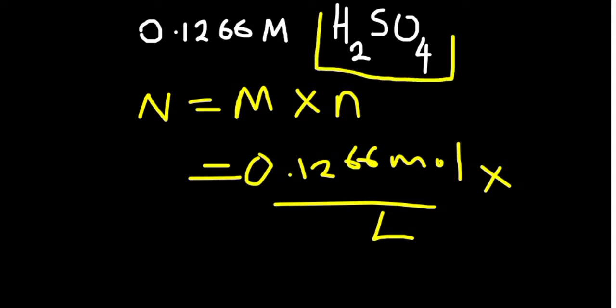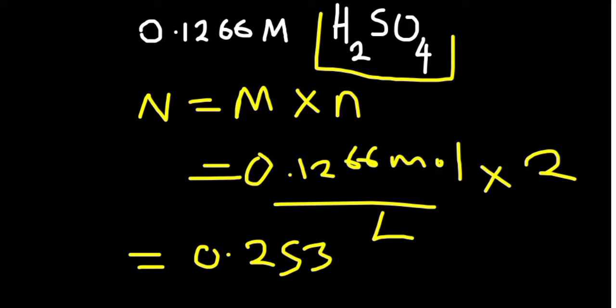There are 2, so multiply by 2. So our normality is 0.1266 multiplied by 2, and our answer is 0.2532. The unit is normality.